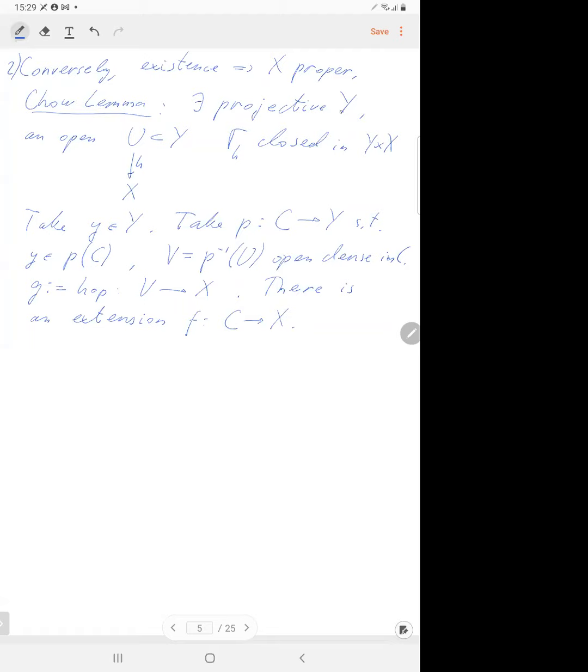Okay, and now we have a product morphism P and F. It's a morphism from C to the product Y times X, and the image of C contains the graph of the composition H composed with P on V. Okay.